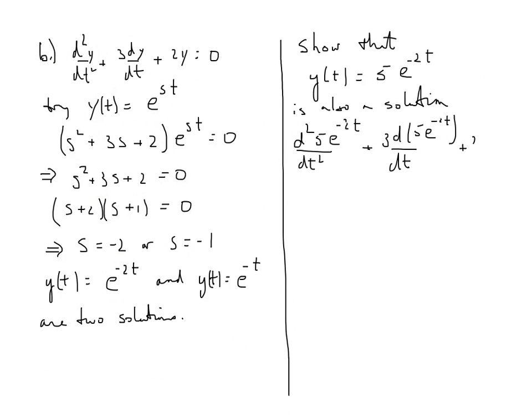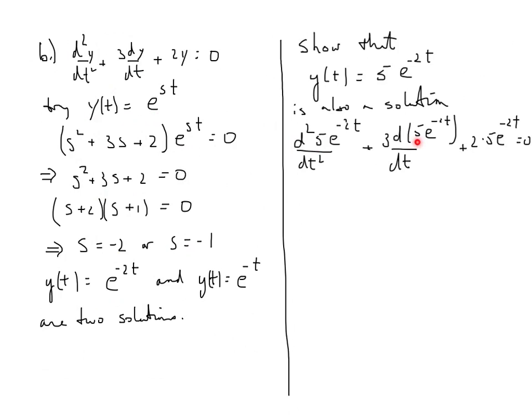And 2 times 5e to the minus 2t. And I want to see, does that equal 0? Well, just as in the previous example, the derivative of a constant times a function, the constant can be brought to the outside, here and here.